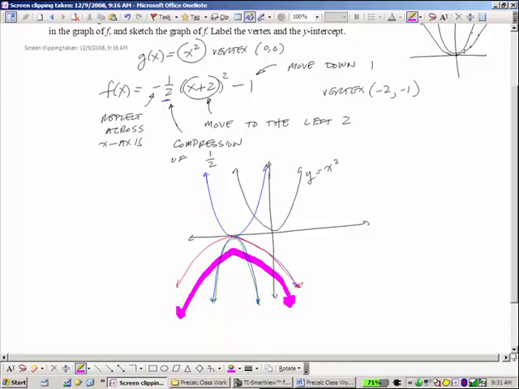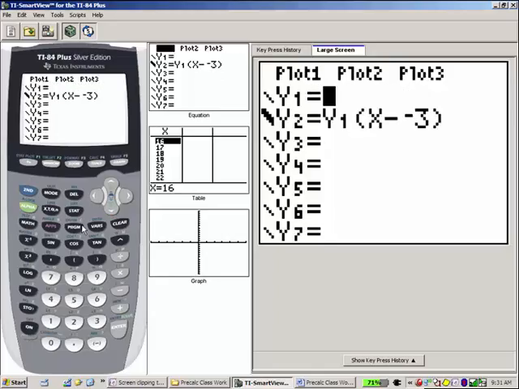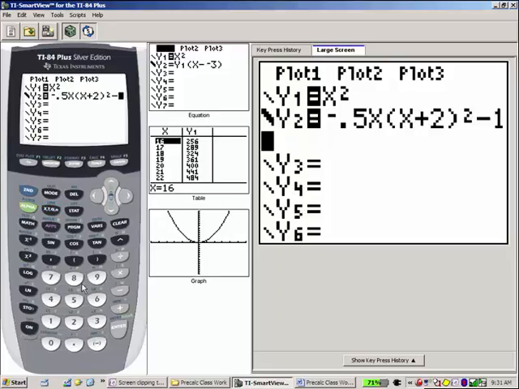How'd we do? All right. Let's look. So let's take a look at maybe the original function, which would be x squared. And now this function, negative 0.5 times the quantity x plus 2 squared minus 1.